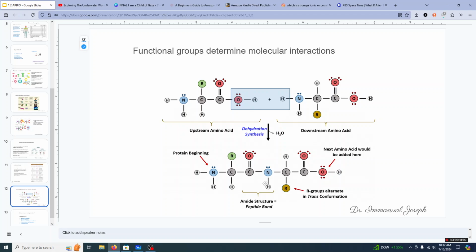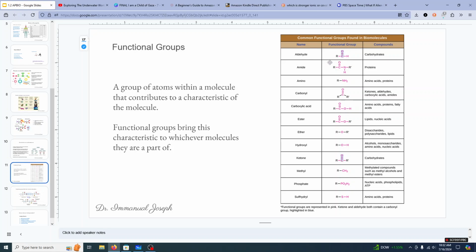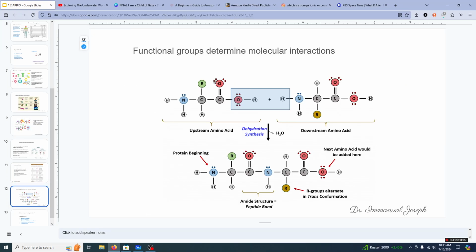And there's one other functional group that we want to look at, that is the amide functional group. And the amide functional group is really important in proteins. It's created when you have an amino functional group of one amino acid interacting with the carboxyl functional group of another amino acid, and you have a loss of water.